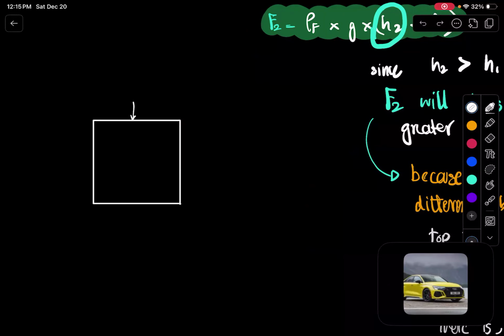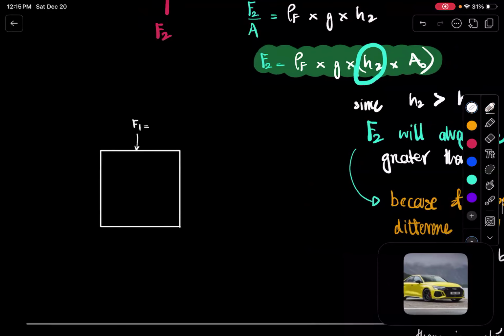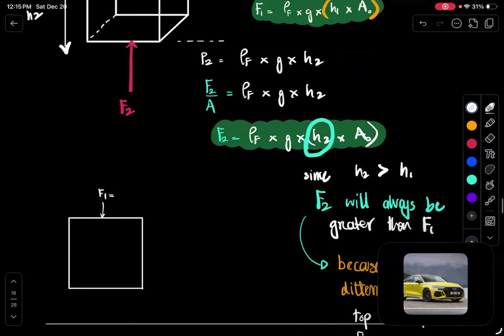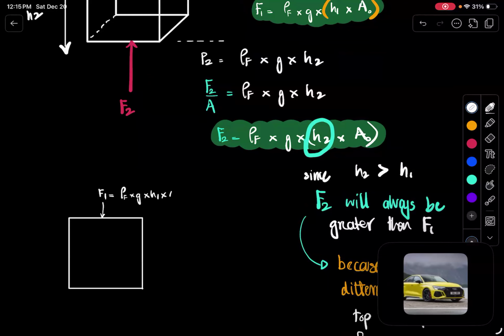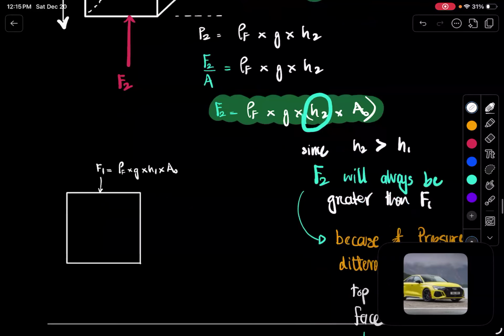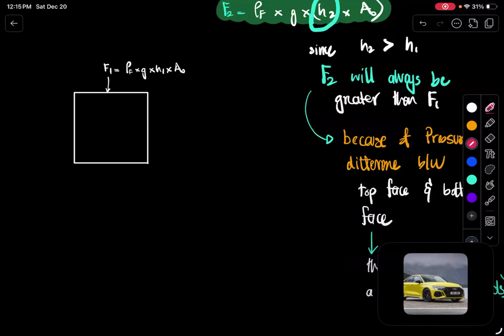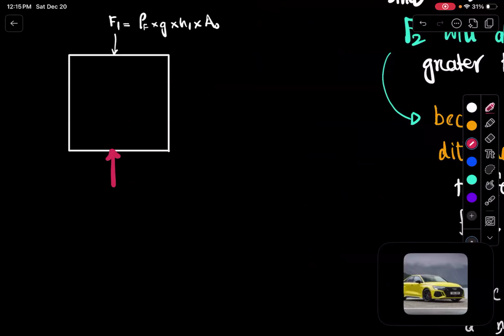And what is that force F1 equal to? We figured out that it was equal to rho fluid into g into h1 times A. And there is going to be a force at the bottom face as well. This bottom face force is always going to be higher because it's at a greater depth. And F2 should equal density of fluid into g into h2 times A.